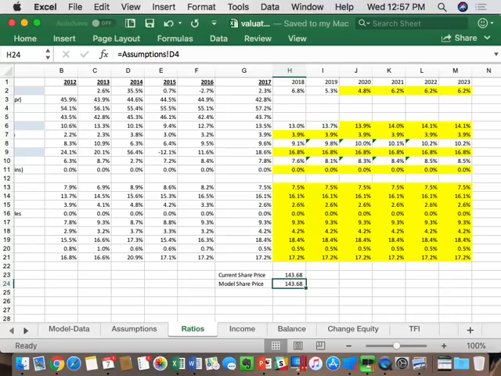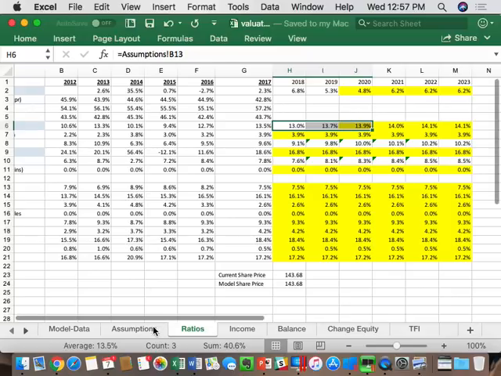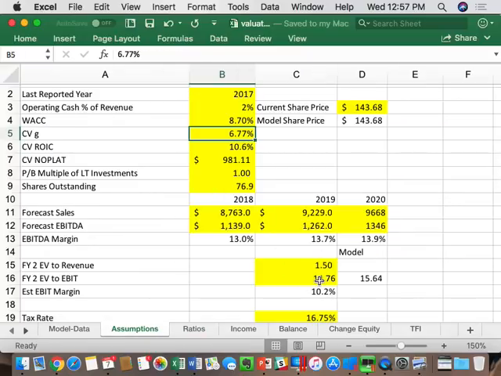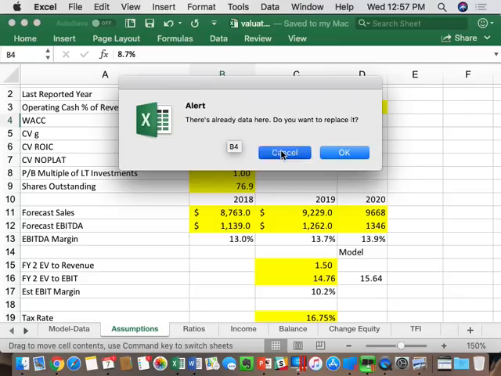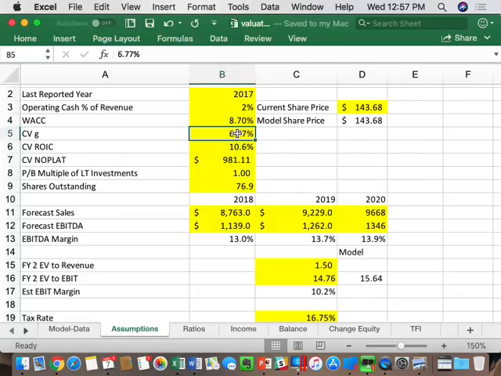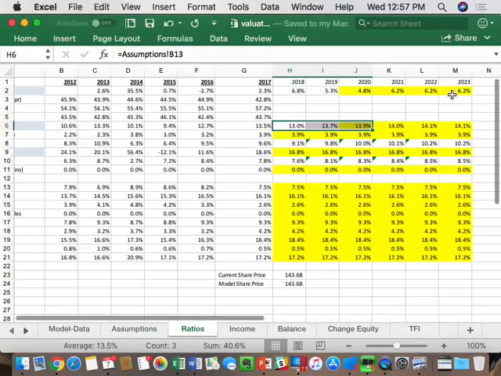Given the next 3 years of growth and the improvement in margins that are based on the current analyst consensus, right? We estimated, using the current EV to EBIT multiple, a 6.77% growth G, and given that, we estimated about a 6% growth rate that got us to match the current share price.